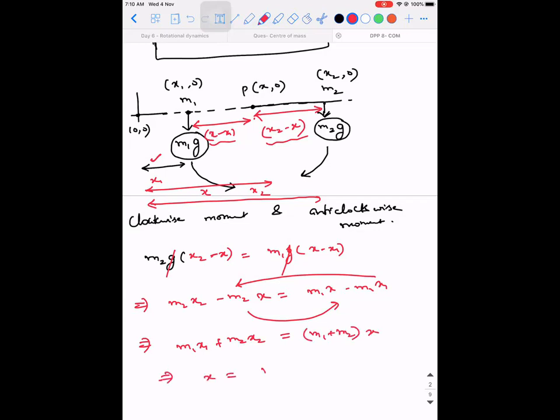Which implies x is equal to M1x1 plus M2x2 divided by M1 plus M2. If it is an n particle system, then it will be M1x1 plus M2x2 plus M3x3 and so on till MnXn, divided by the total mass.